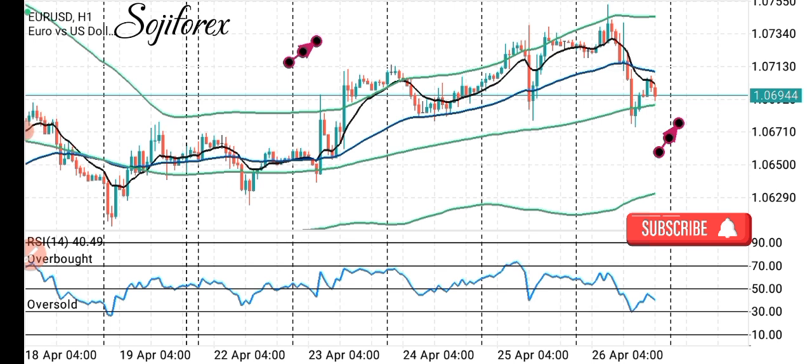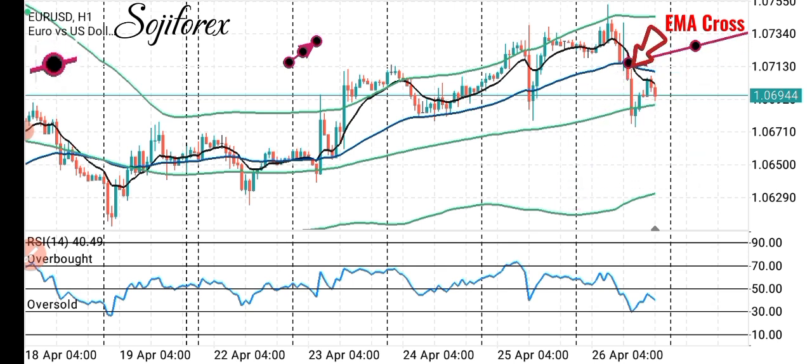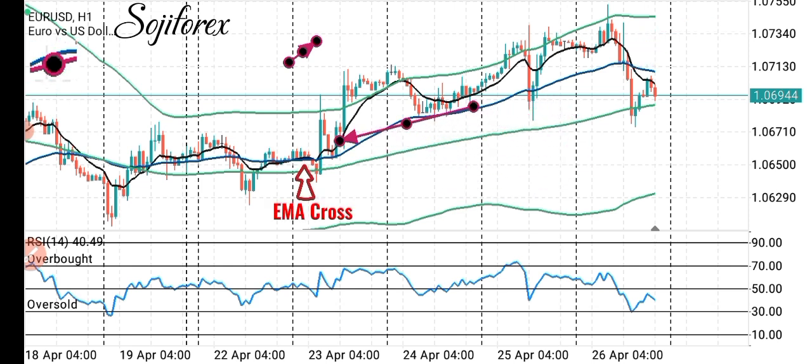You were told that whenever the moving averages cross to the downside, you make a sell. And whenever the moving averages cross to the upside, you make a buy, right?